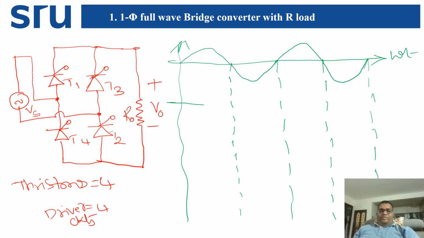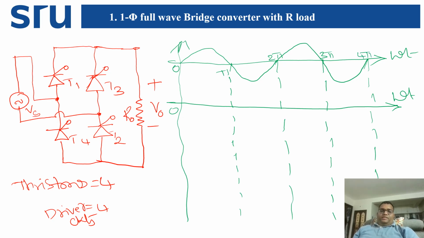Now, step by step, we will observe what output voltage we are going to get. On the omega t axis, this is 0, this is pi, this is 2 pi, this is 3 pi, and this is 4 pi.